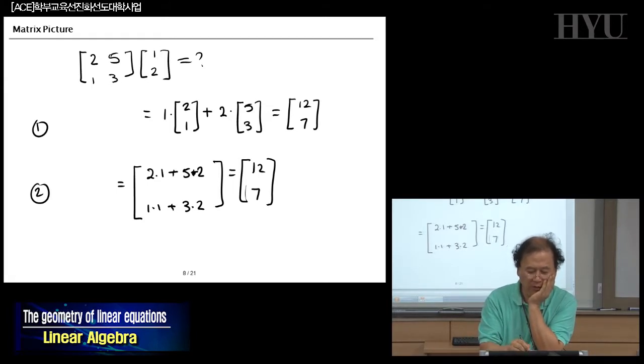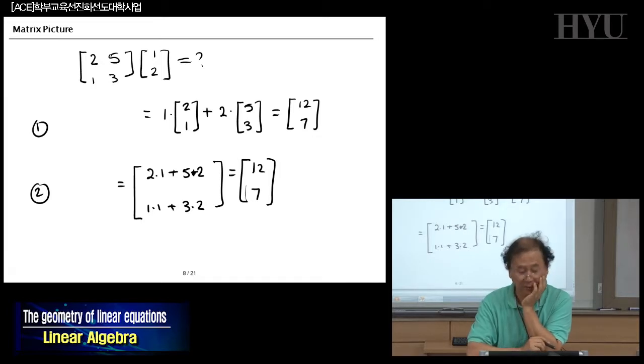You already know how to multiply a matrix with vectors, right? So A, X, you know how to multiply them, right? Yang Seung-ho, have you learned about the inner product, or dot product?